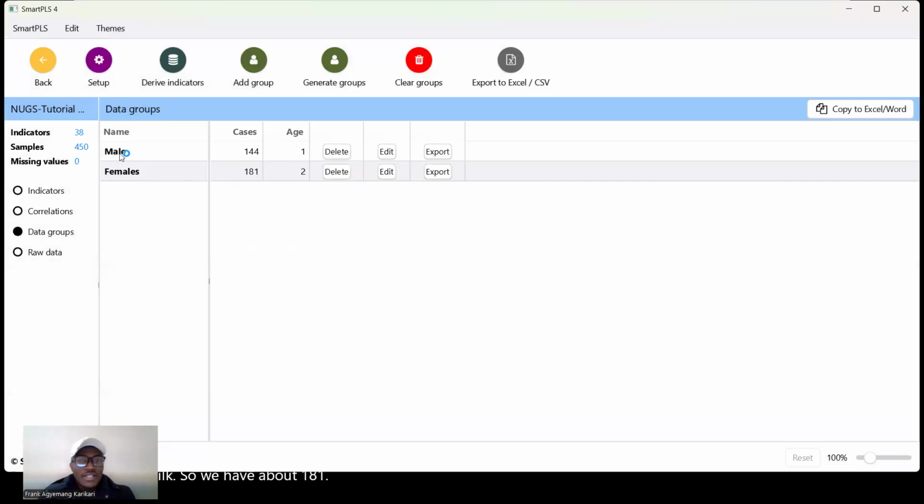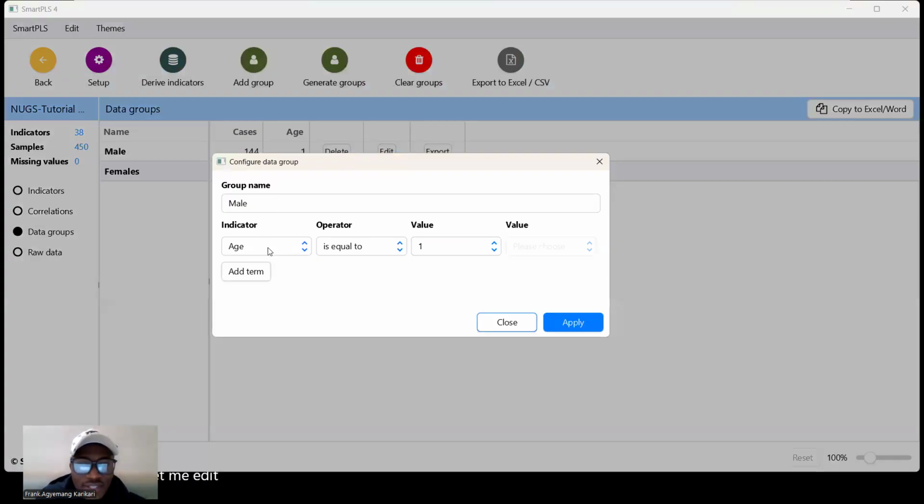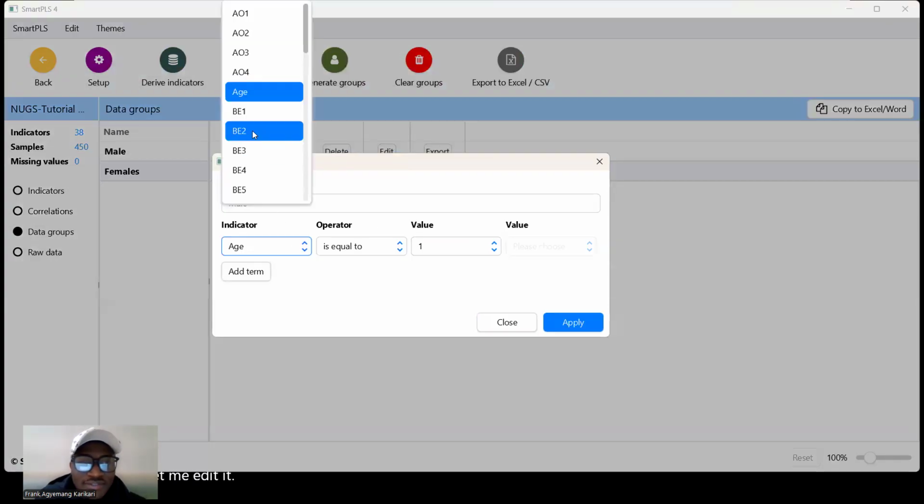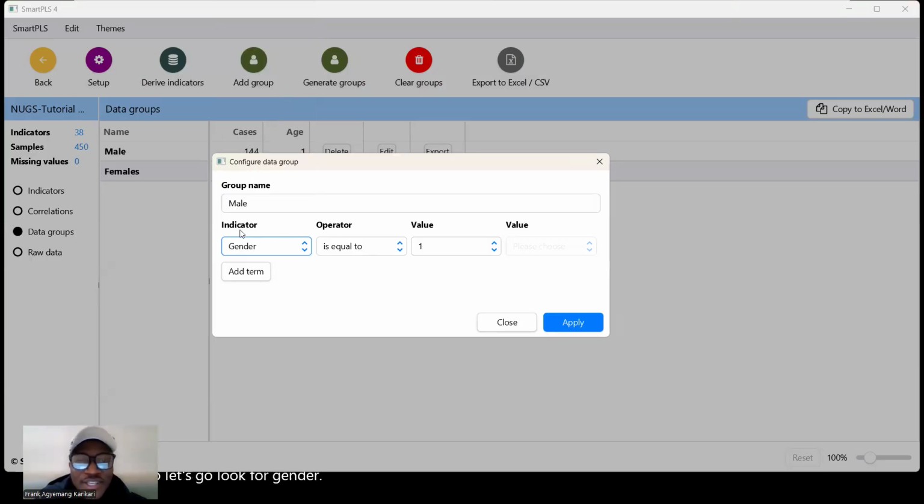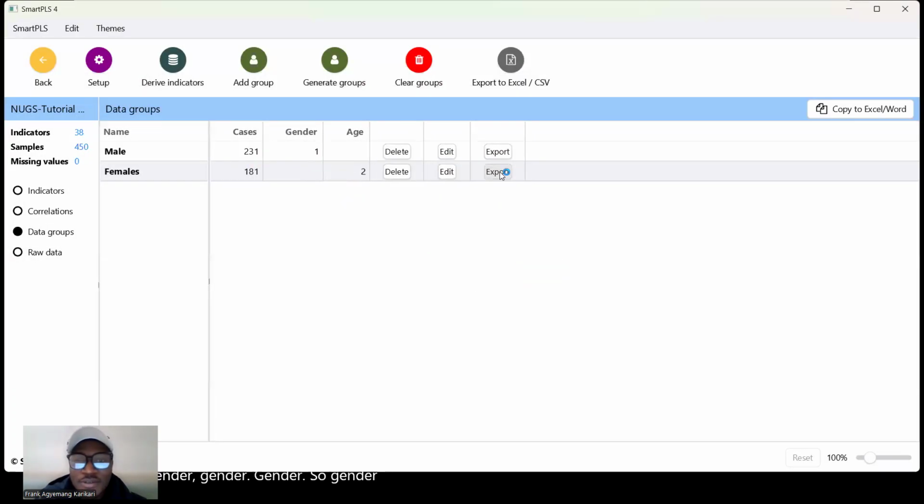Oh, I think something is wrong, right? I selected age. Let me edit it. So nobody saw that. So let's look for gender. Gender, apply. Good.